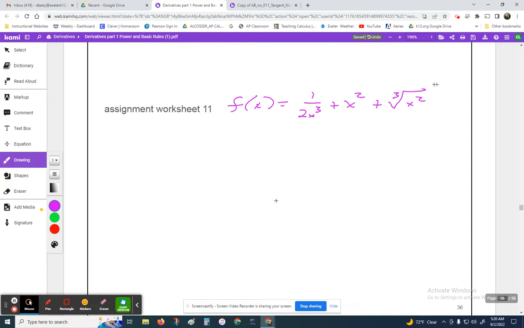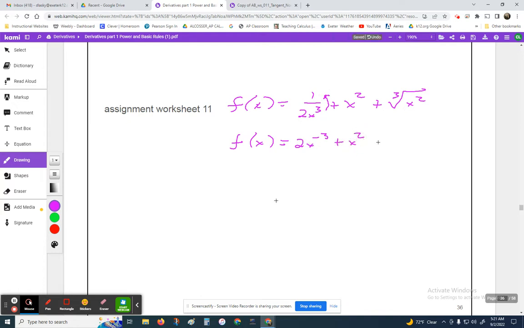So before I do anything, the power rule or anything to this, I have to convert it using some basic algebra. I can't have an exponent down here. I have to have a negative exponent. So we're going to turn this into 2x to the -3, so I'm going to move this up. So then I get a -3, which poses a few little issues. This one's fine.